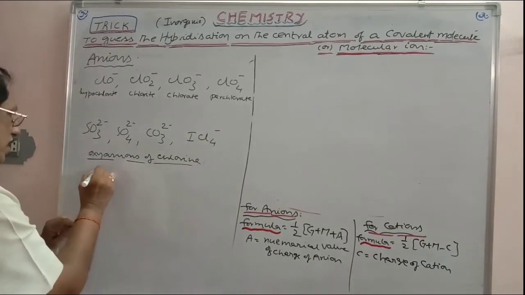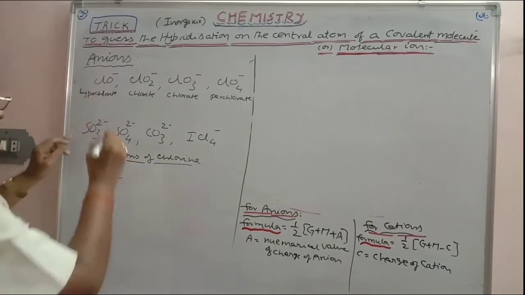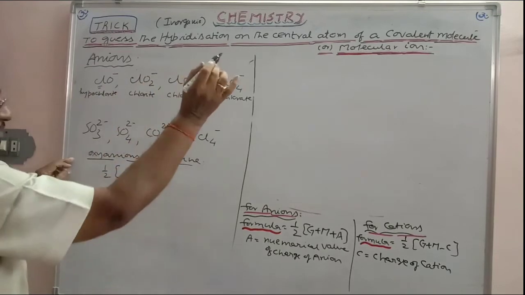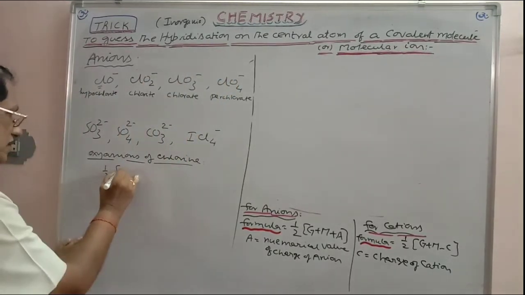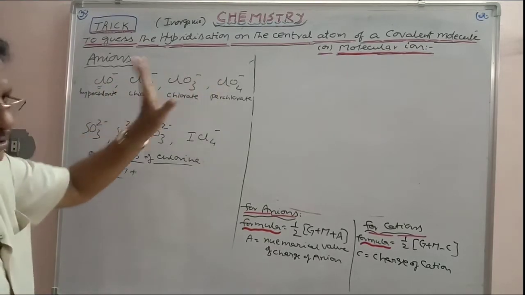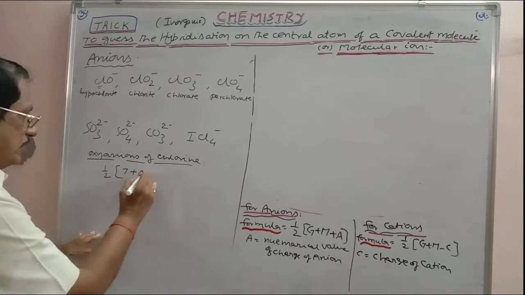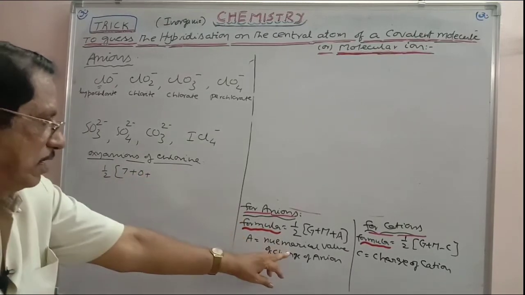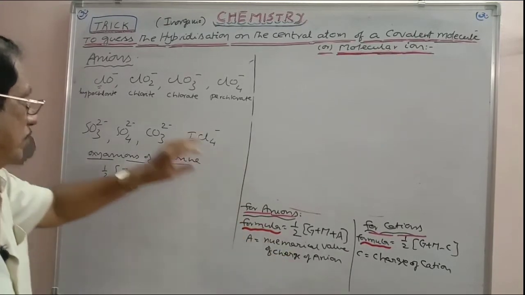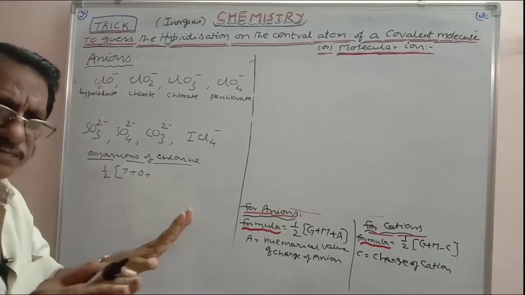Formula half into G, group number of the central atom. Central atom chlorine here, in all cases chlorine central atom. So 7 plus number of monovalent atoms 0, 0, 0, 0. In all cases number of monovalent atoms will be 0. Plus charge of the anion, numerical value of the charge of the anion, -1, -1, -1, -1. In all these cases the charge is 1.